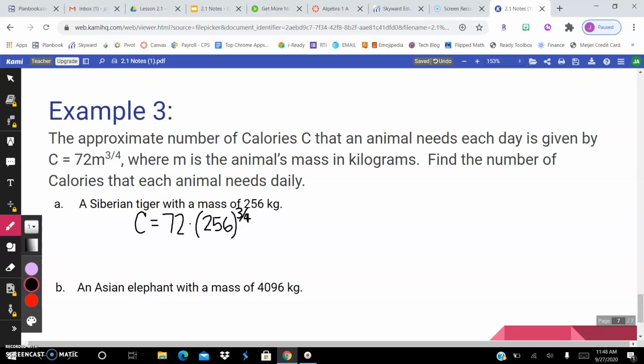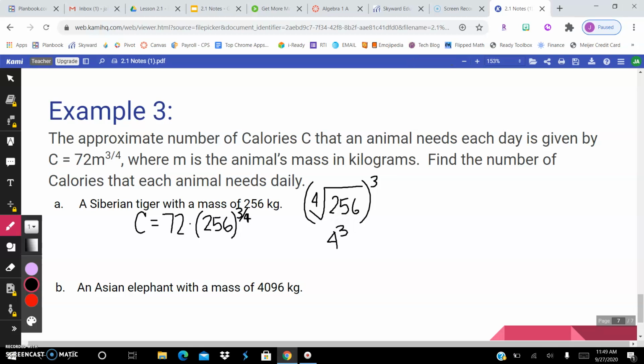Order of operations says I have to get rid of the exponents first because I have an exponent and I have multiplication. Exponents definitely come first. The denominator is 4, so we're going to have to find the 4th root of 256. And then our numerator is 3, so we're going to have an exponent of 3 outside. The 4th root of 256 would be 4.